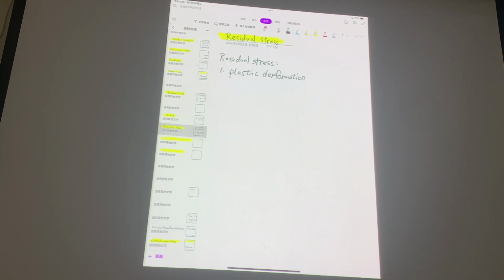Any other ways you don't get residual stress? So plastic deformation, 塑性变形, you will get residual stresses. Second is temperature change. Temperature change, you get a structural stress. And the third is structure change.